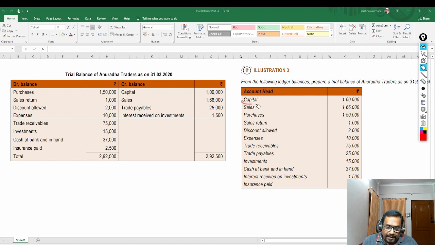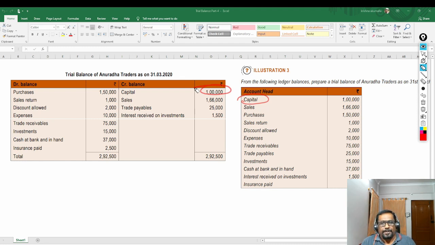Let us take capital. Capital is a liability. All liabilities are credit balances. Hence, capital should be kept on the credit side of the trial balance. Clear? Easy? If you don't want to do it this way, there is another way.